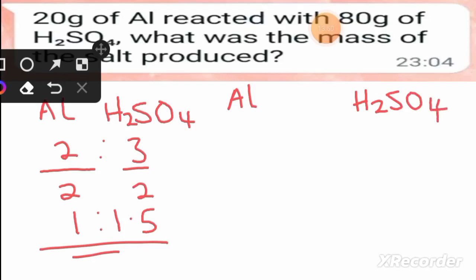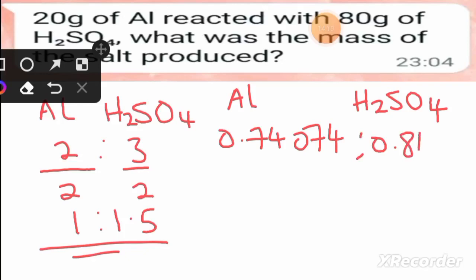So we calculated the number of moles of aluminium, which is 0.74074, to 0.816326 for sulfuric acid. So let us leave this ratio in the simplest terms.